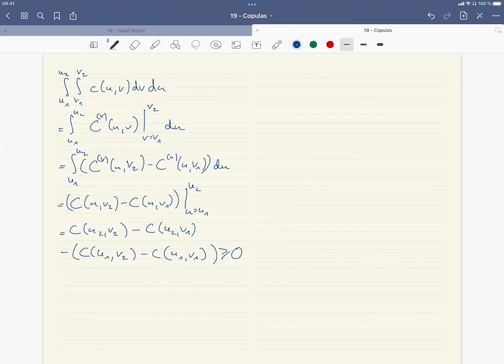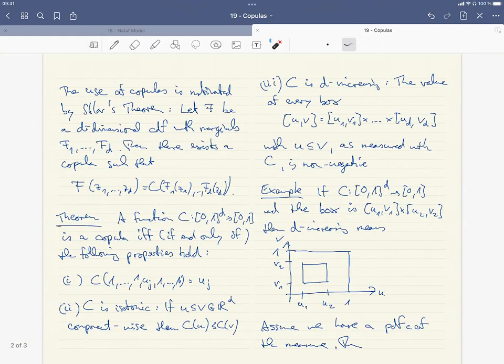So, coming back to the picture, I have the copula evaluated at the top right point minus this point, and then a minus again, this point minus this point, or vice versa with the two axes changed. And that's actually what d-increasing means. It means that I'm ultimately dealing with a non-negative measure here.